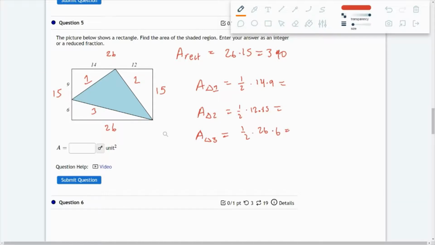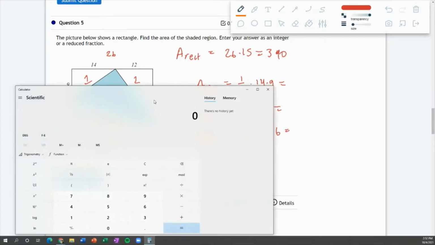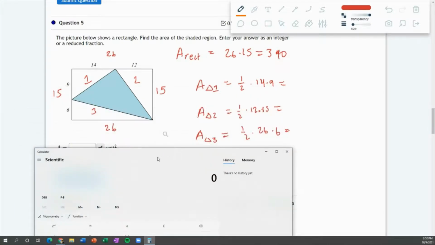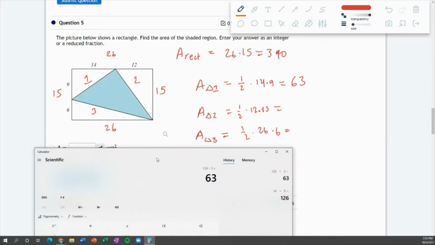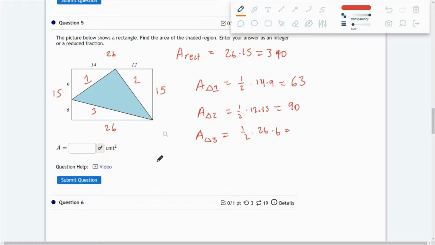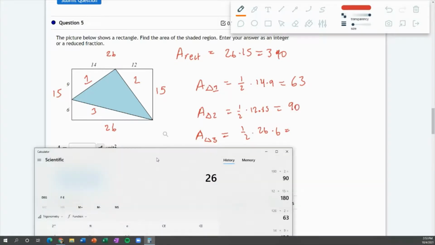So I have a bunch of areas to find. For the first one, I have 1/2 times 14 times 9. So I'll do 14 times 9 and then divide by 2. So I get 63. Second one, I have 12 times 15 divided by 2. That's 90. Last but not least, I have 26 times 6 divided by 2.